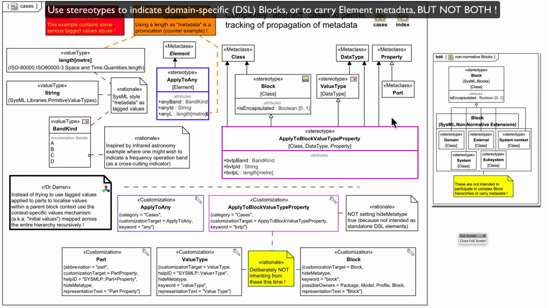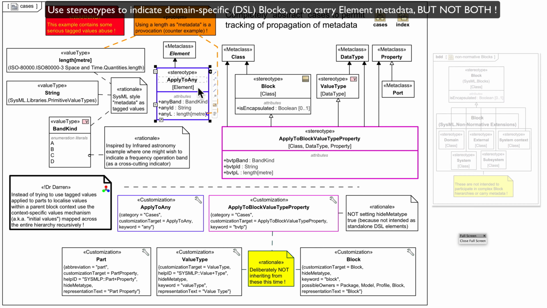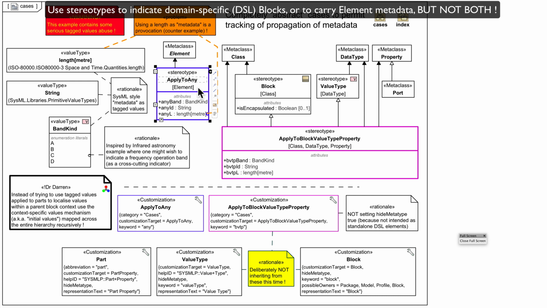They're intended as standalone elements that don't necessarily participate in a block inheritance hierarchy. There's no reason you shouldn't just use a simple metadata carrier. So this is not acting as a DSL element.